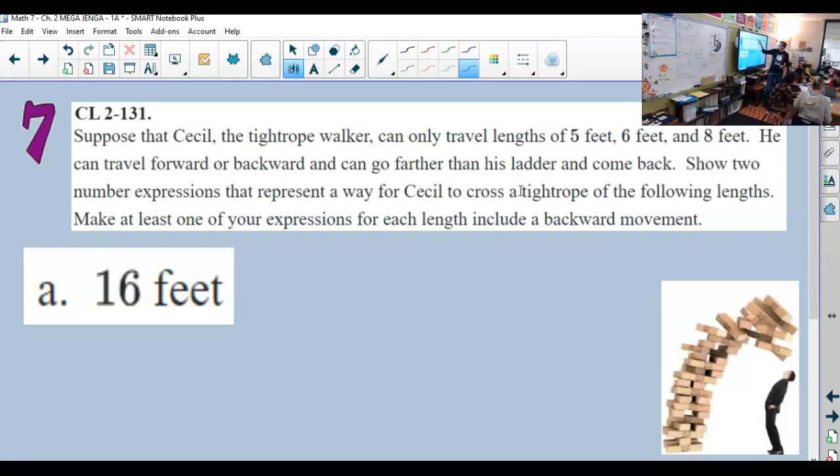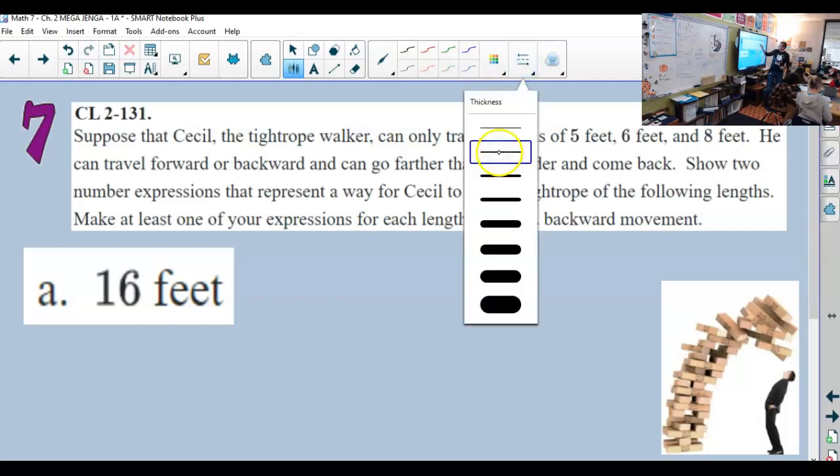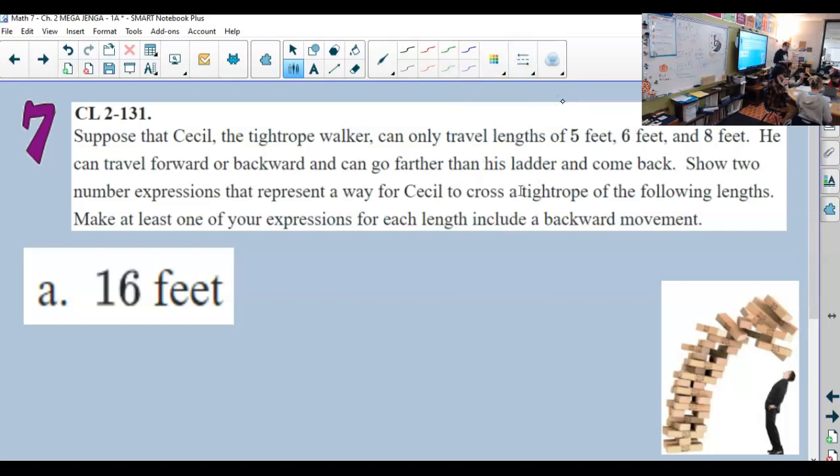So you can use 5, 6, and 8 as many times as you want. Just tell me when you got it. We might be able to get one more question in. We need 2 different ones, yeah. 2 different ones. If you read and show 2.